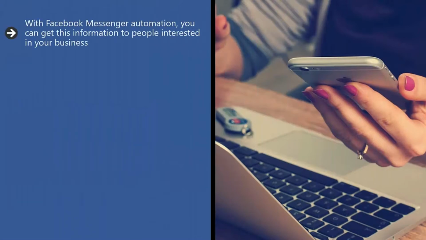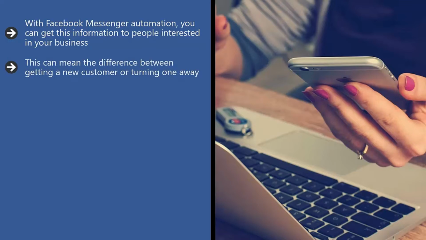With Facebook Messenger automation, you can get this information to people interested in your business. If anything, you can hold them with enough basic info until you can follow up with more specific information. This can mean the difference between getting a new customer or turning one away. This can also mean the difference between retaining your current local customer base or losing them to your competition. You don't want to get left behind.